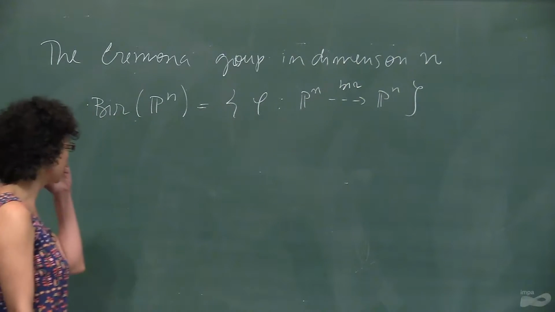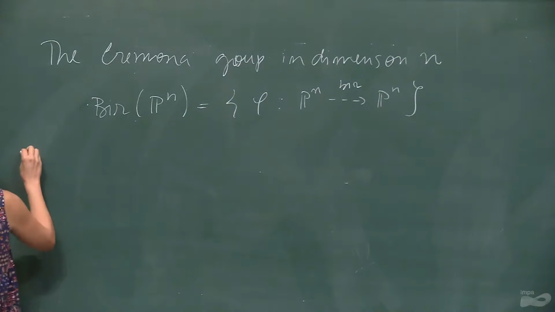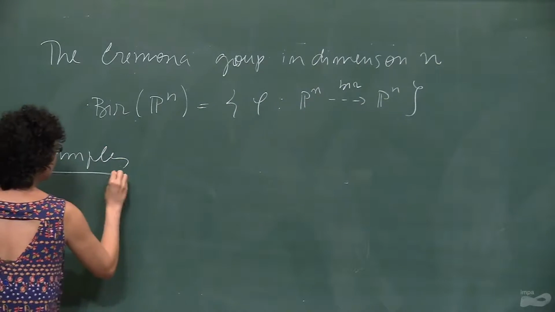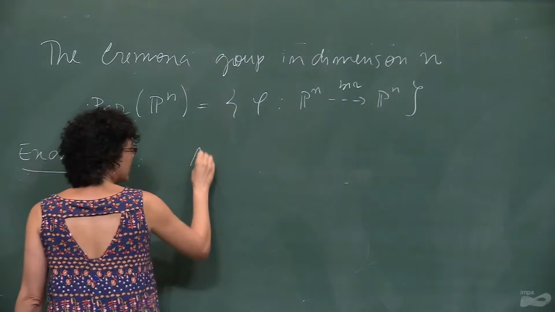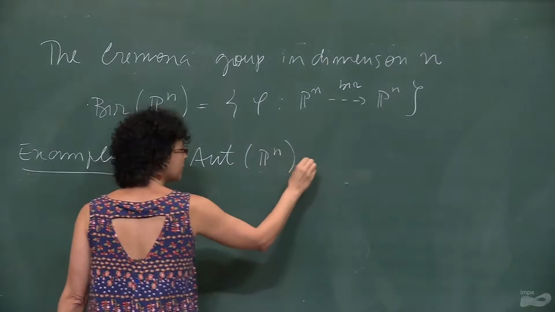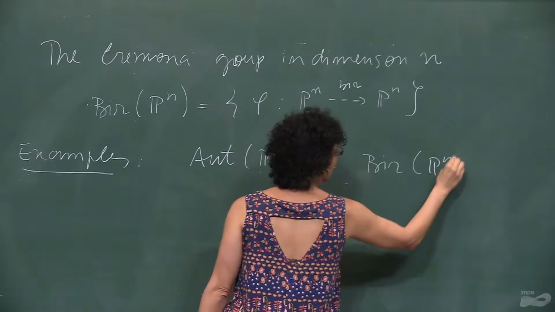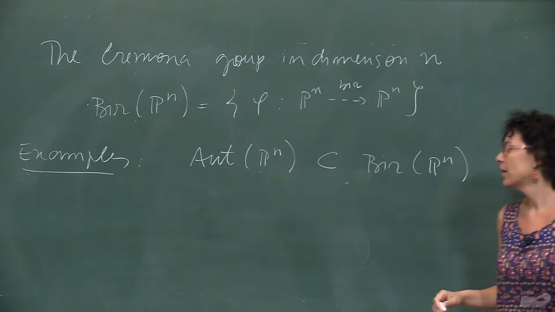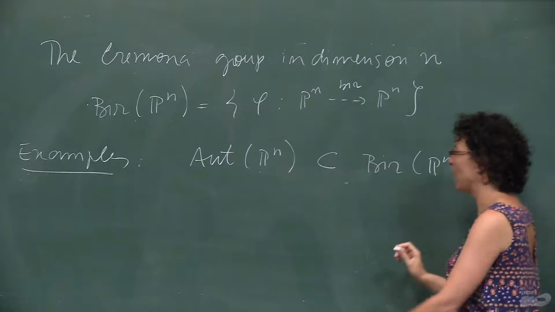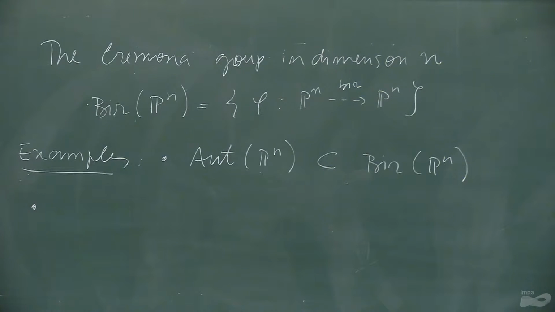Examples of birational maps include, of course, the automorphism group of Pn, and we consider these sort of boring from the point of view of birational geometry. But there are some more interesting elements.